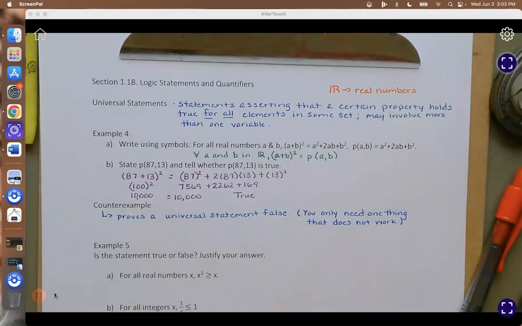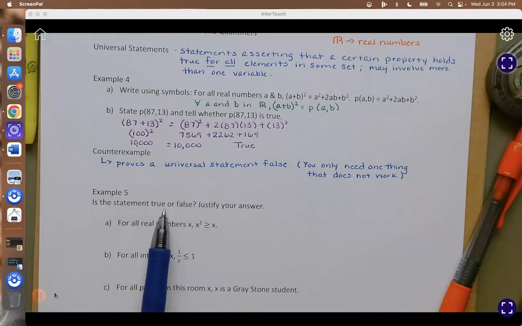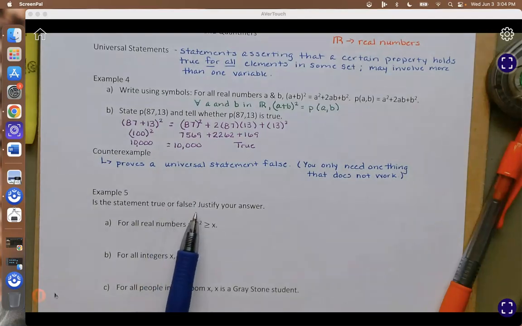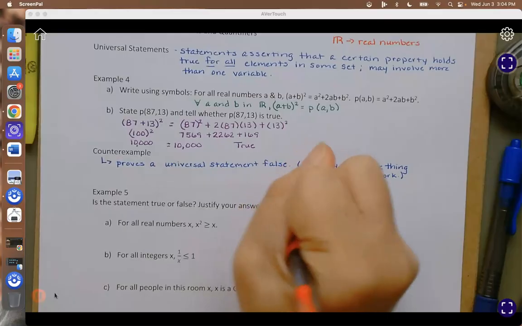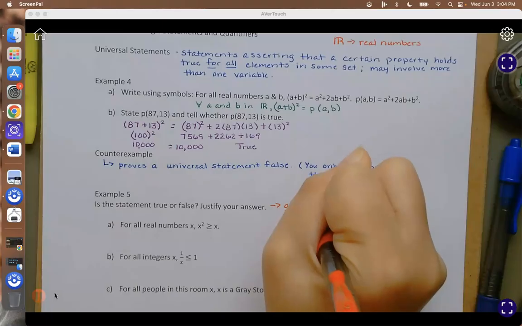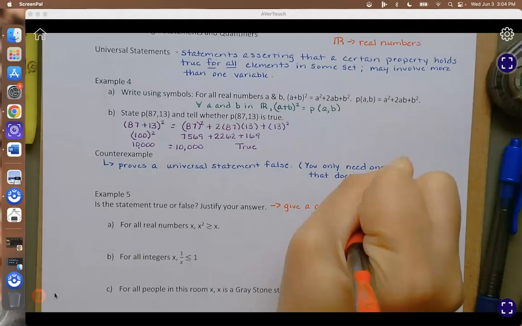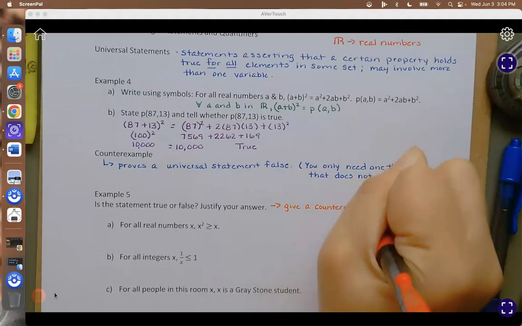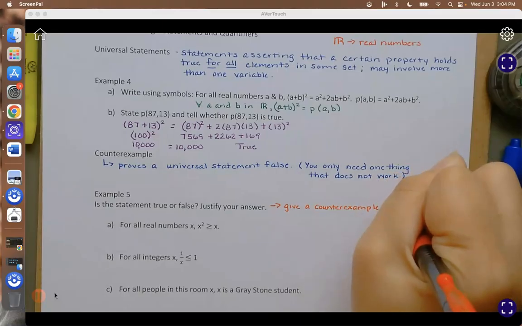Okay. Now, the next thing, it says, is the statement, so it's already saying it's a statement, is it true or false? And then it says justify your answer. So what you're going to do here to justify your answer is give a counterexample if false.